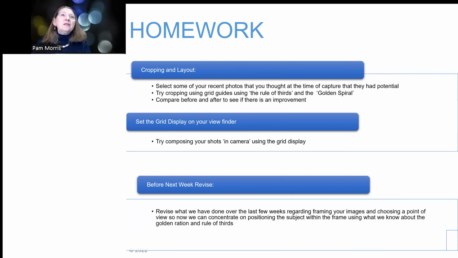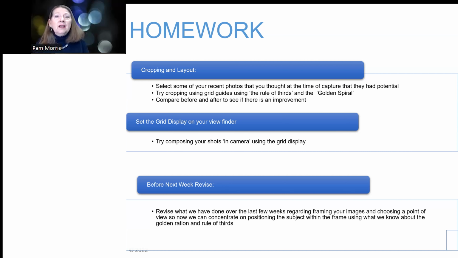What I'd like you to do is, while you're editing the photos that you took recently, review your crops and just see how they fit within each one of those overlays. Practice using your camera to do in-camera composition.